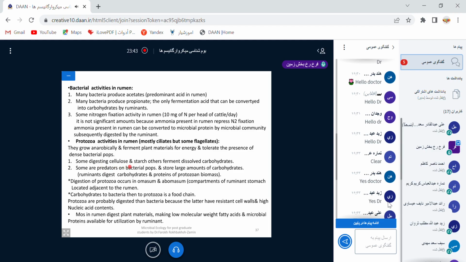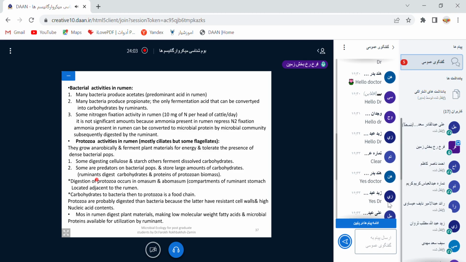Some digest cellulose and starch. Others ferment dissolved carbohydrates. And some are predators of the bacterial population and store large amounts of carbohydrates.